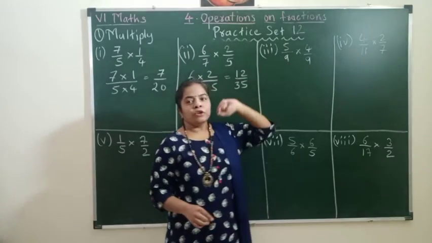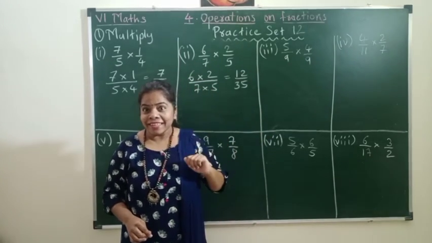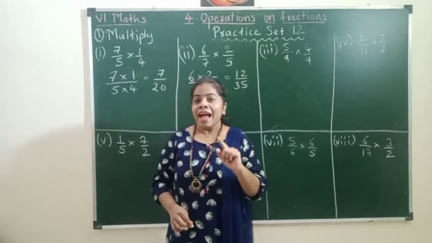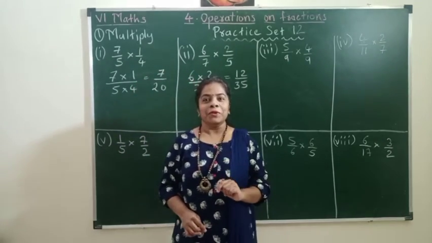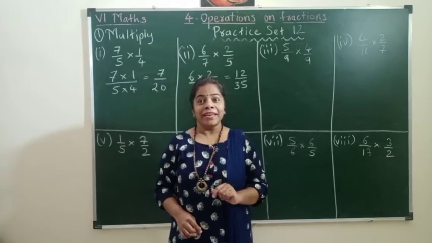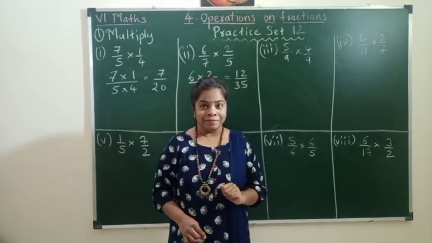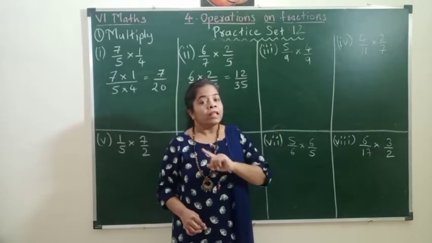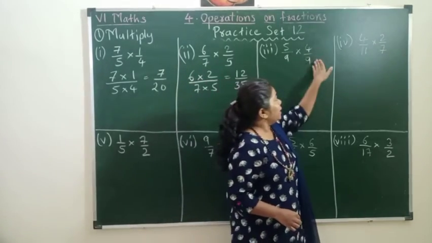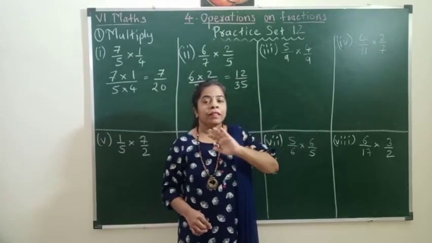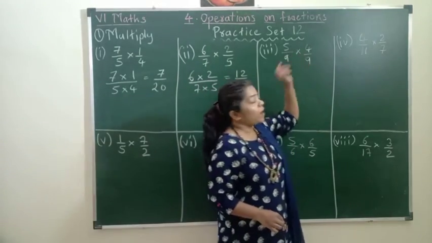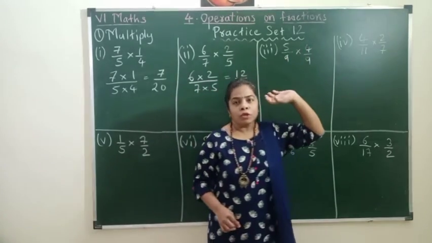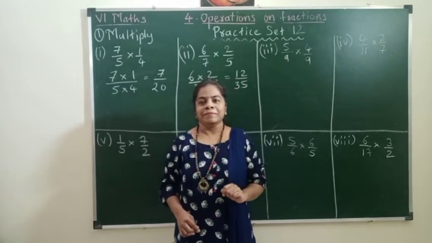Next one. 5 upon 9 into 4 upon 9. I see 9, 9. But both of them are in the denominator. And our rule says if you want to cancel, one should be numerator, one should be denominator. So, 5 and 9, are they coming in same table? No. 4 and 9, are they coming in same table? No. This way also 5 and 9 don't come in same table and 9 and 4 also don't come in same table.